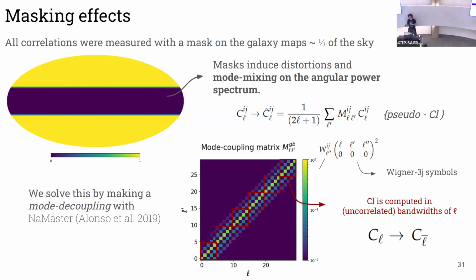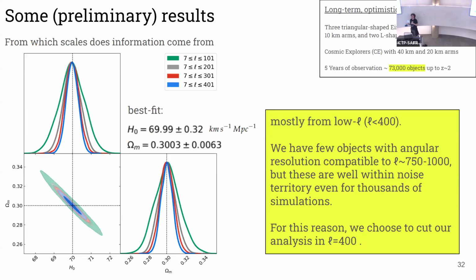So now, just to finish, I want to show you some preliminary results. This is for the most optimistic scenario, where we make simulations of detections by Einstein Telescope and Cosmic Explorer with sigma 8 of 0.70 and omega m 0.3. Doing that analysis, we recover them to a very good precision, actually better than Planck.